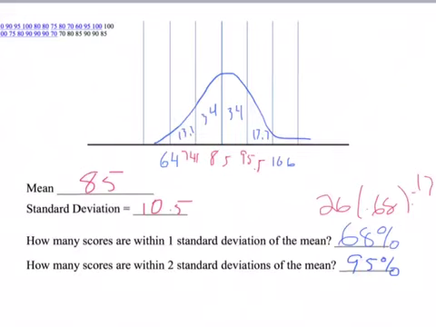We want to find out how many scores were within 2 standard deviations. We already found our percent, so we need to take 26, how many numbers we had, multiply it by 95%, which is the same as 0.95, and 26 times 0.95 is a little over 24. It's about 24.7. So about 24 grades, 24 out of 26, fell within the first 2 standard deviations.